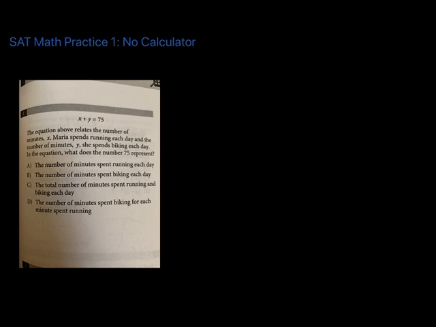Okay, so let's look at the equation again. We have x plus y equals 75, and we are given that x is the total number of minutes Maria spends running and y is the total number of minutes Maria spends biking.